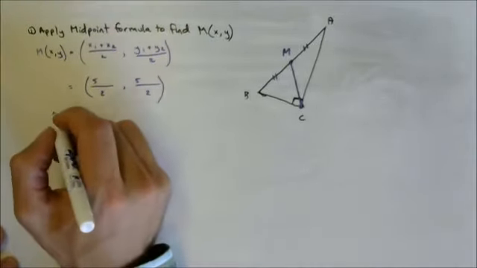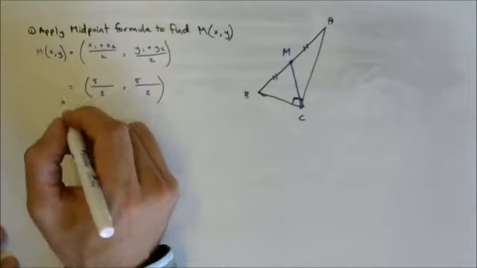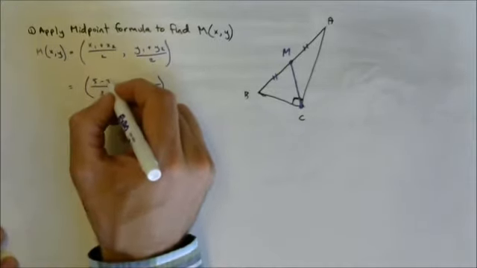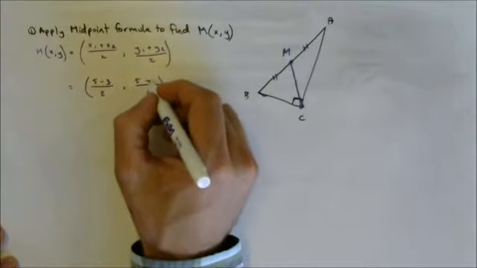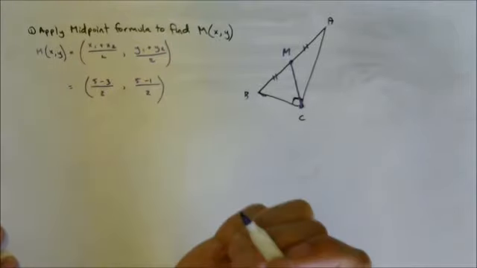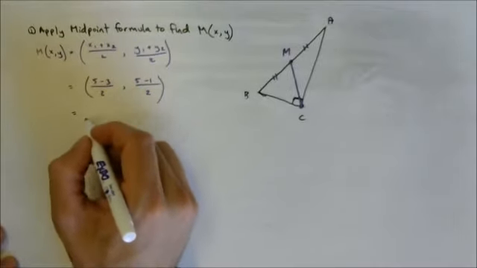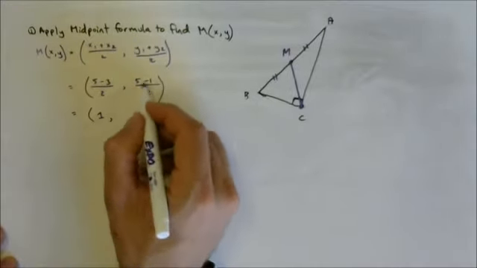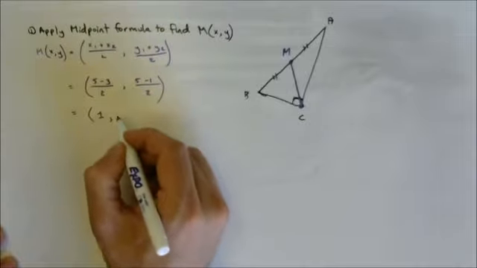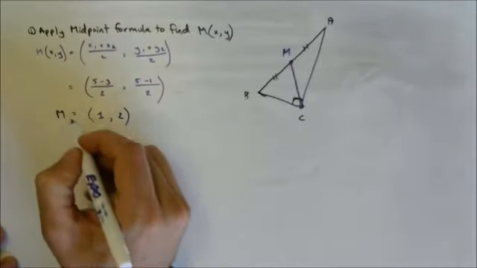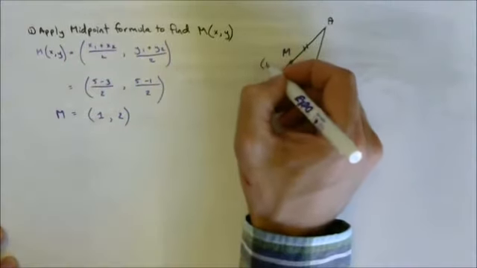And we know the coordinates of B are (-3, -1). 5 minus 3 is 2. 2 over 2 is 1. 5 minus 1 is 4. 4 over 2 is 2. So there are the coordinates of our midpoint. We can add that to our diagram.